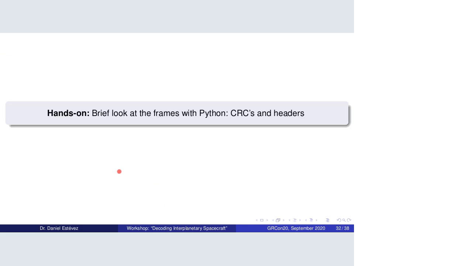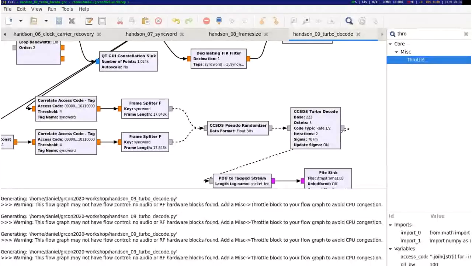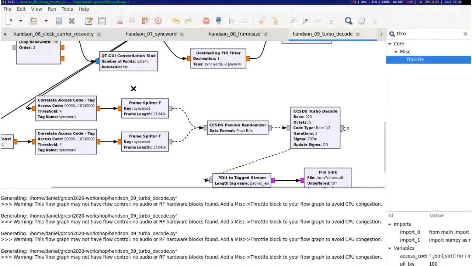And then let's try to look at this Jupyter notebook with the CRC and the TM headers. Let's see how I can run this properly.